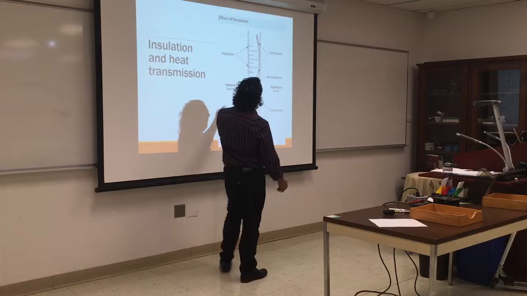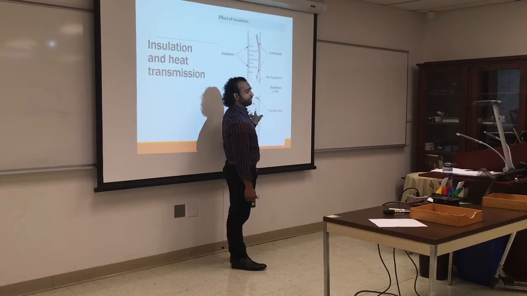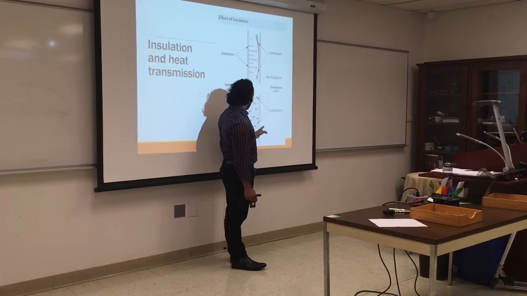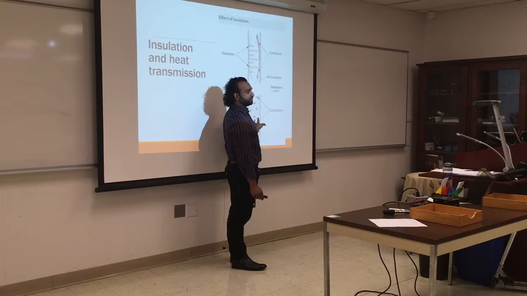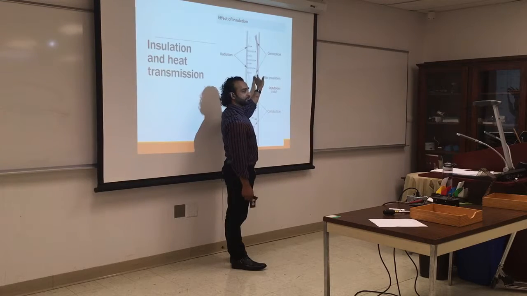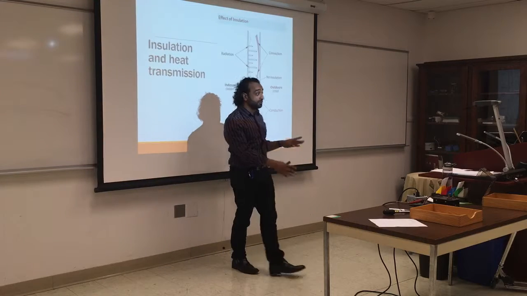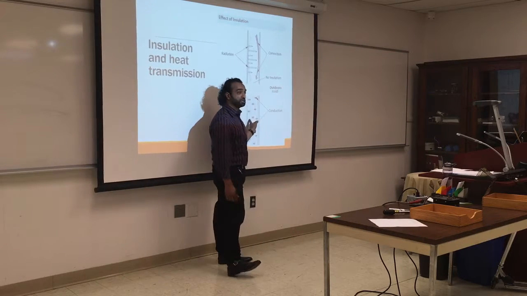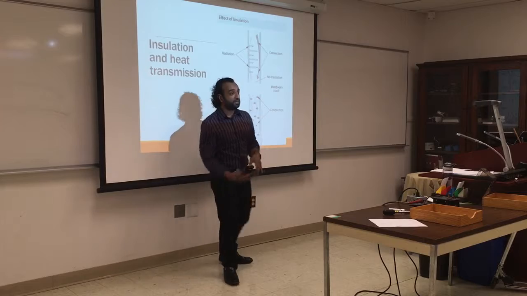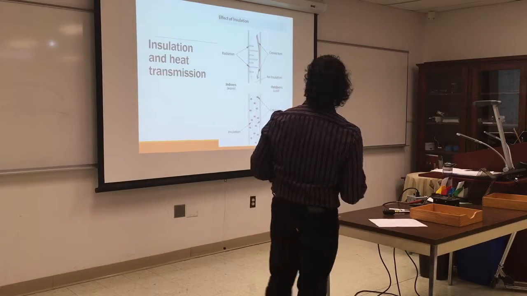No. This is the comparison between an empty wall and an insulated wall. If I fill the wall with insulation, I have reduced radiation and convection. The only thing I have here is conduction, mainly. Again, there are always going to be three of them, but mainly it's going to be conduction, and if I have the insulation properly, I will resist heat transfer through the wall.